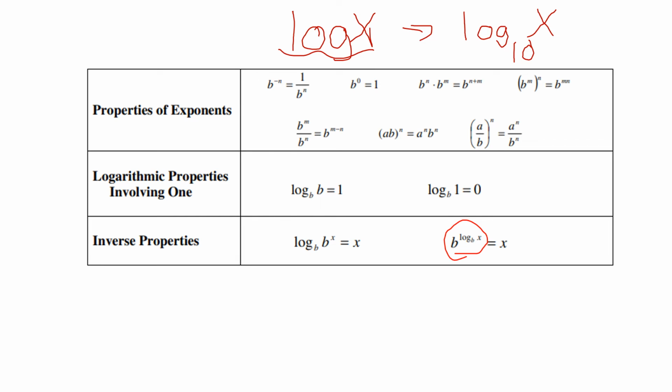If it's not given to you, it has the base of 10. So log x is essentially b to whatever number we try to find equals x, and that b in this case is 10. Remember, when you see this by itself with no number at the bottom, it has a base of 10.